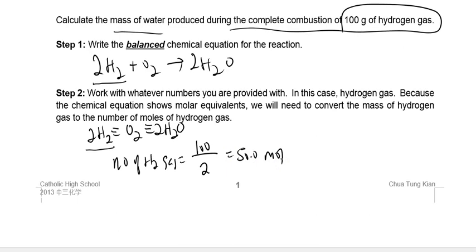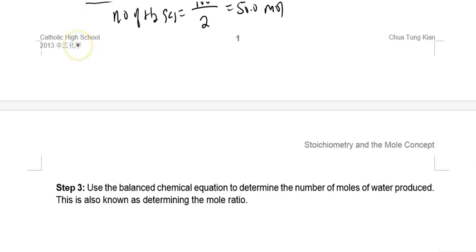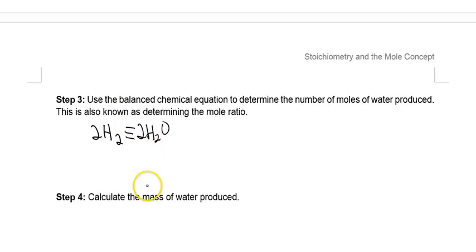So now we must calculate the mass of water produced. So based on the molar equivalent, we know that 2 molar equivalents of H2 will react and give me 2 molar equivalents of H2O. So from the earlier part, we know that number of moles of H2 is 50 moles.